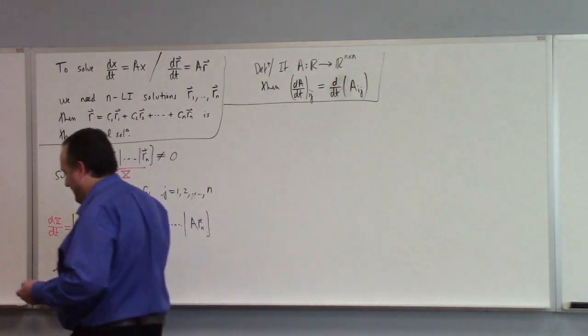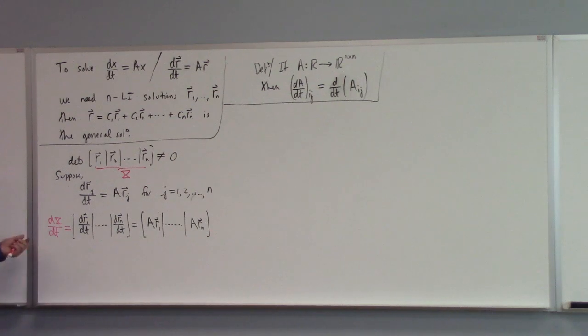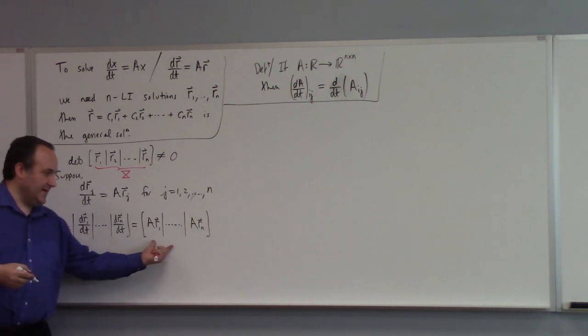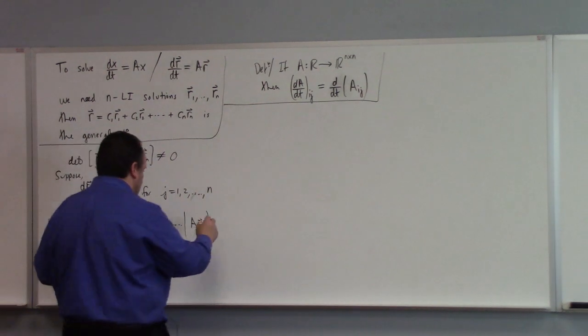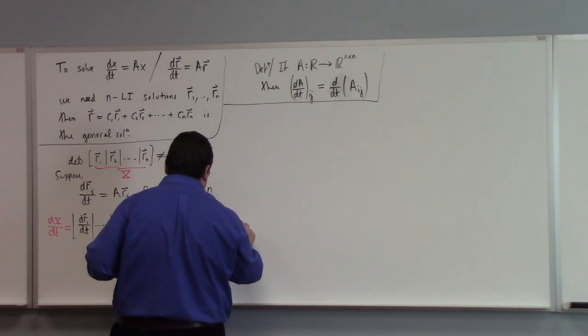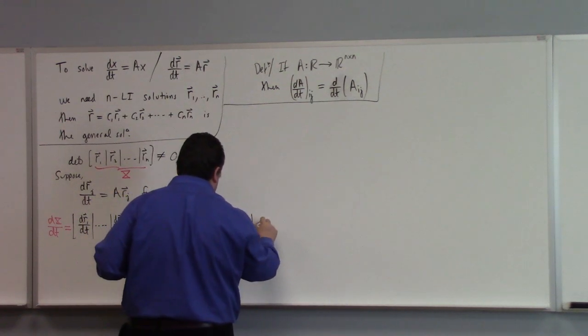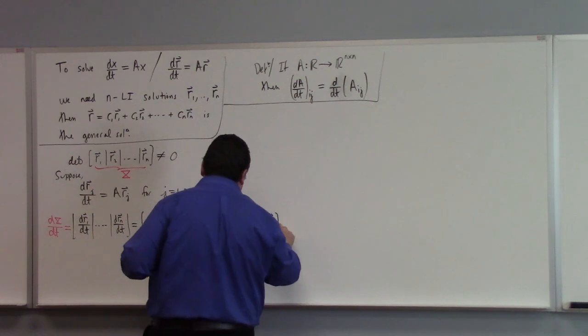Let's see here. So dX/dt is equal to this. It's equal to that. But remember the property we have in matrix multiplication, the column by column rule? This is equal to A times [R1 ... Rn], right?